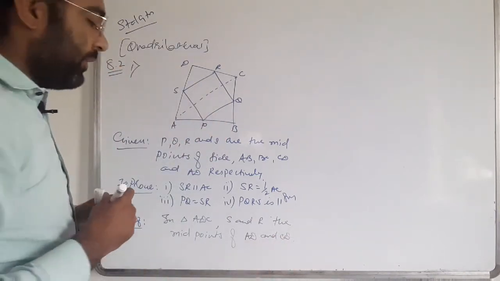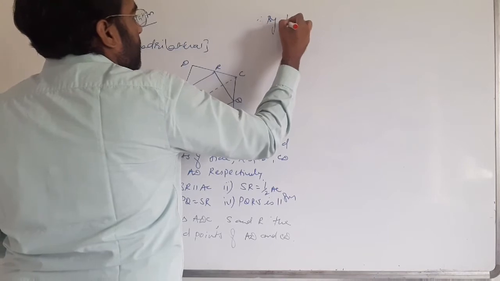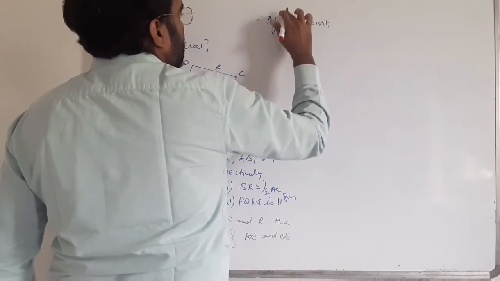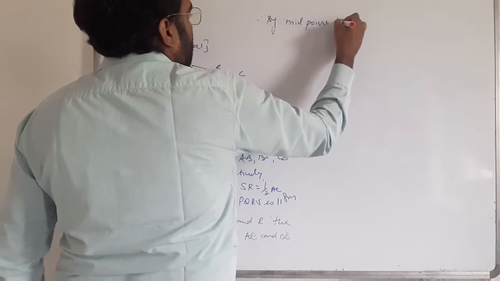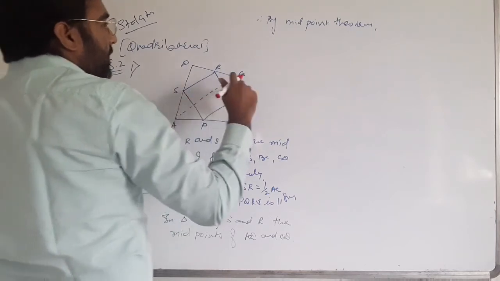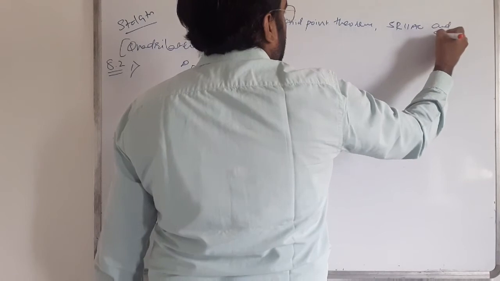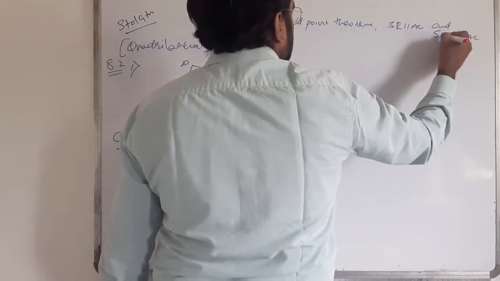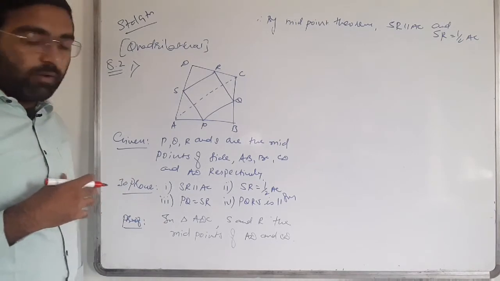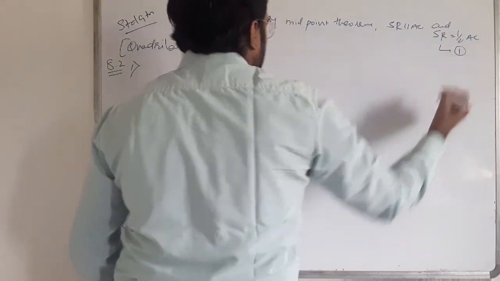So therefore, by the midpoint theorem, SR is parallel to AC and SR is equal to half of AC. Clear? So we call this equation 1.